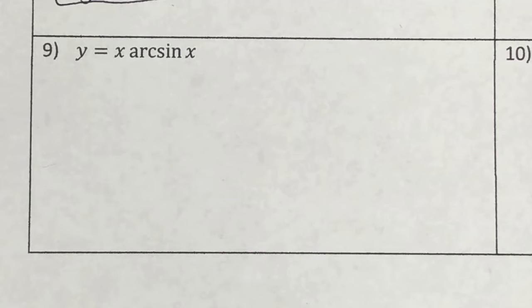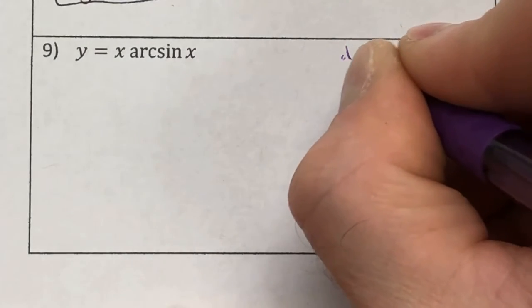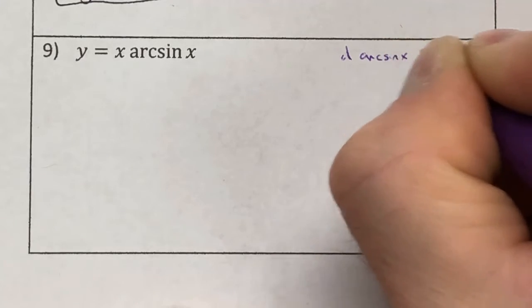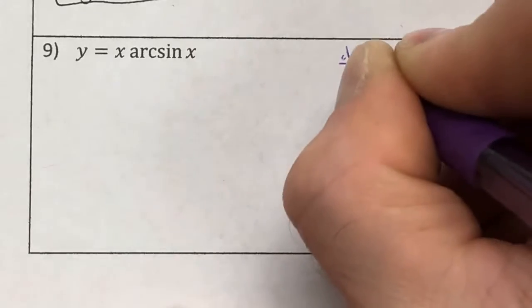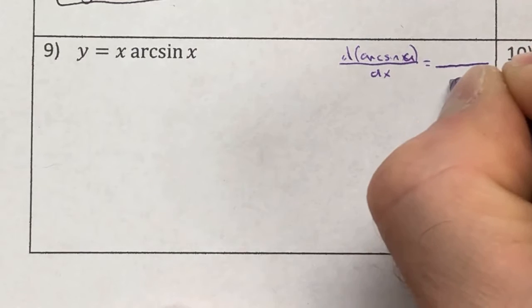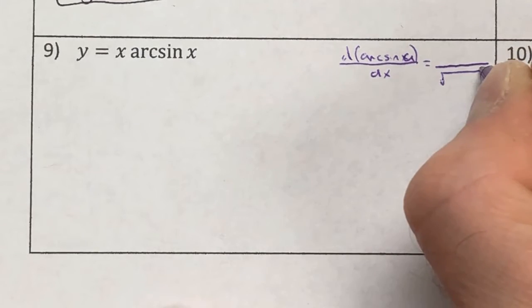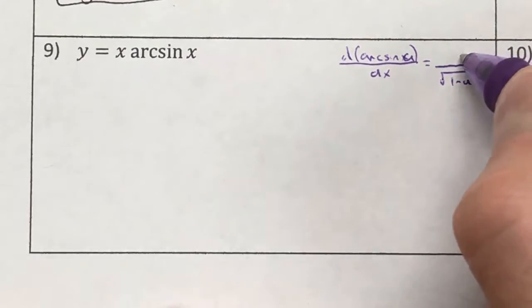Now this one is an arc sine. I know typically we don't do arc sines because we like to write them in terms of sines and cosines, but the arc sine has its own derivative in and of itself. In case you don't have that on you, the derivative of arc sine, I'm going to write this as d of arc sine of u over dx, is going to be equal to 1 over the root of 1 minus u squared times u prime.